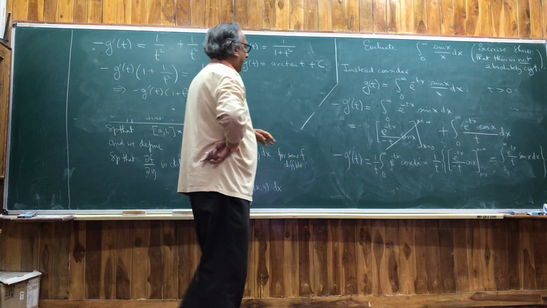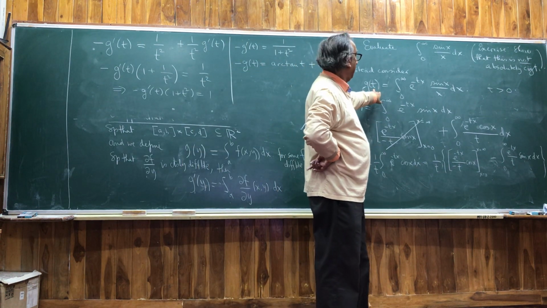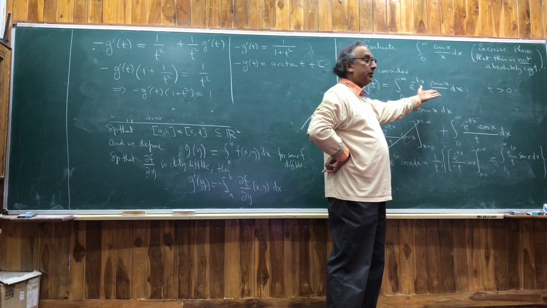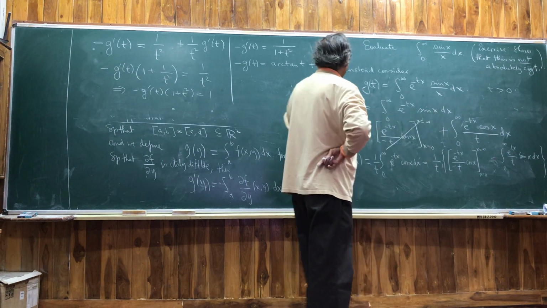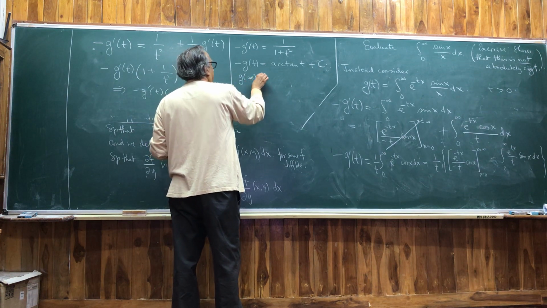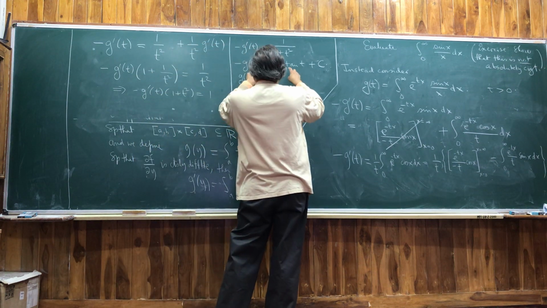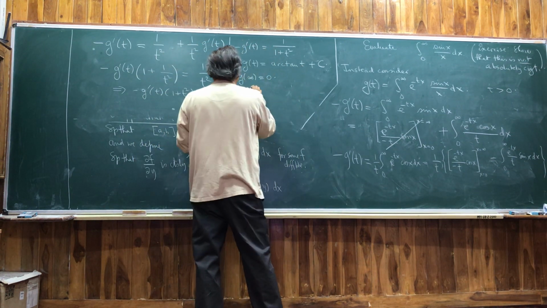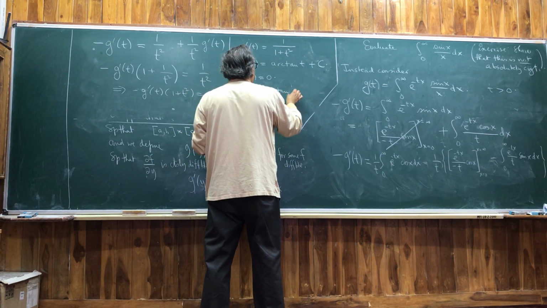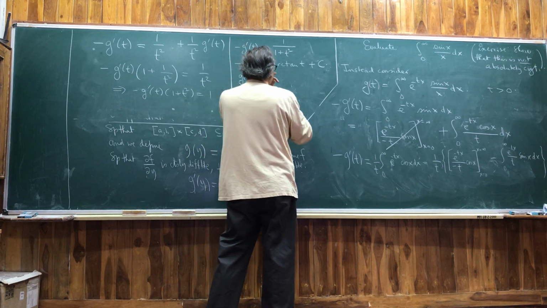So there's always a constant, you see. Now, at t equals infinity, we can use the dominated convergence theorem to push the limit inside, and we get g of infinity equals 0. Therefore, when I plug in t equals infinity, I've got 0 equals arctan infinity, which is pi by 2, plus a constant.